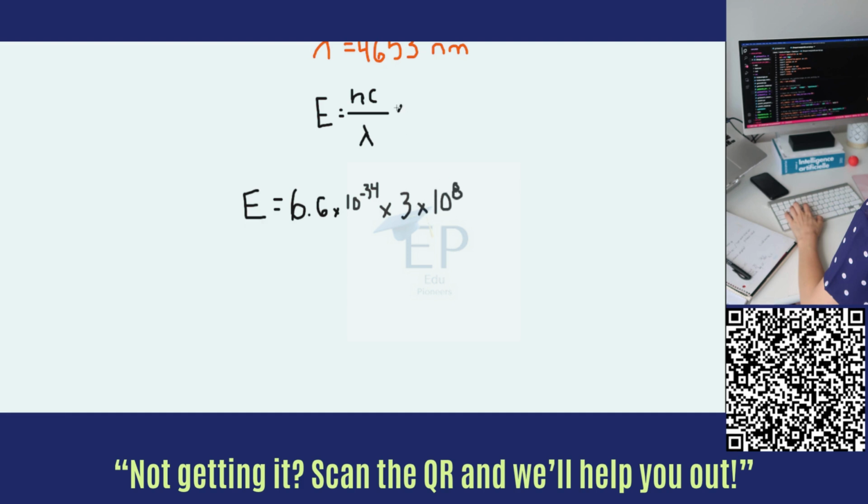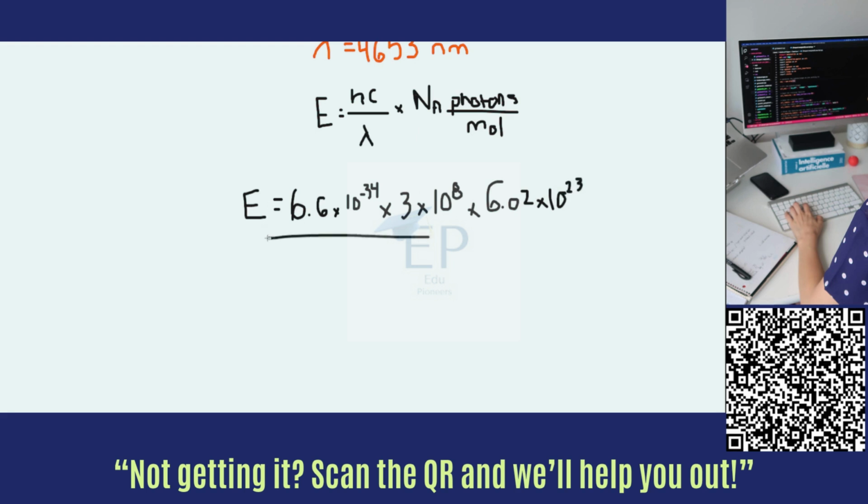And then we know we want our final answer to be in moles. So we're going to multiply this by Avogadro's number, because Avogadro's number units are photons per mole, since we're dealing with energy in this case. So this will put our answer into moles. So we're going to multiply this by Avogadro's number, which is 6.02 times 10 to the 23rd.